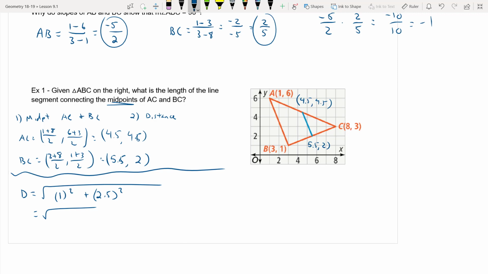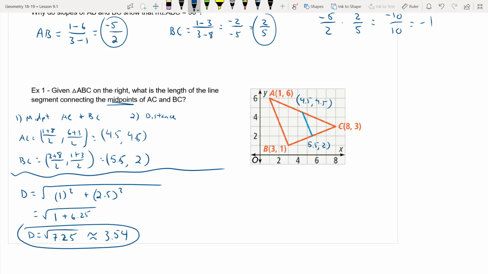So I've got 1 squared is just 1, and then 2.5 squared, which is 6.25, and when I add those together I get the square root of 7.25, which, since we've already got a decimal underneath, we're going to do the square root of that. And finding the square root gives me roughly 3.54 for my distance.